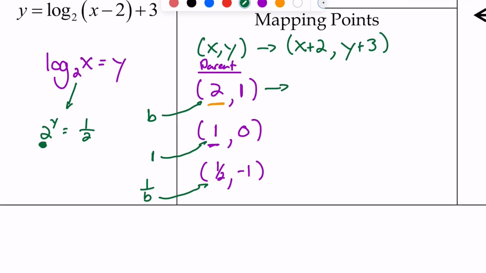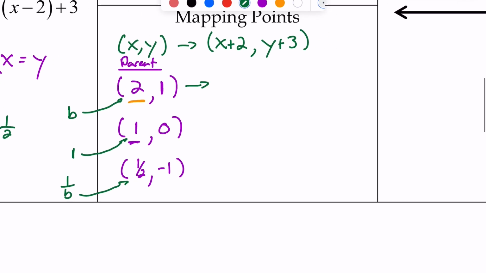So we're just transforming these points, all right? I'll do the first one and write it out, but for the rest of the video, just know that this is what I am doing when I'm transforming them. I am taking this 2, subbing it in for that x, so 2 plus 2, and this y for that y, so 1 plus 3.